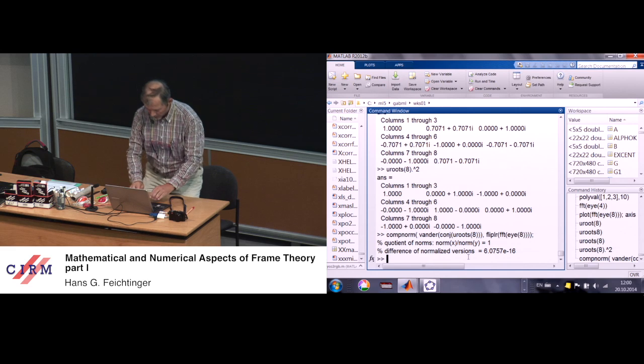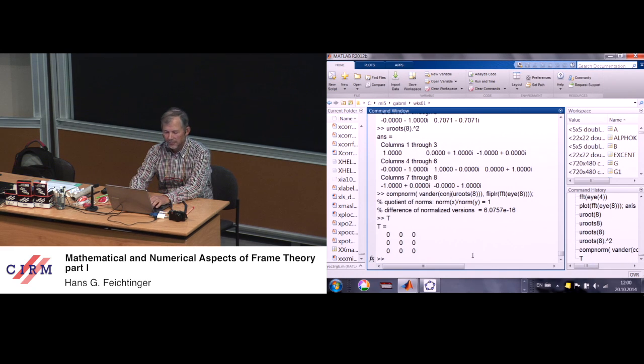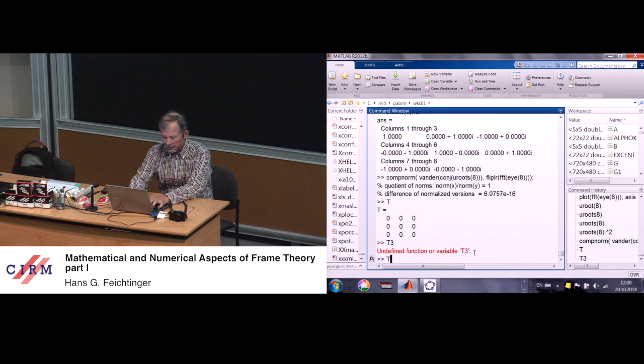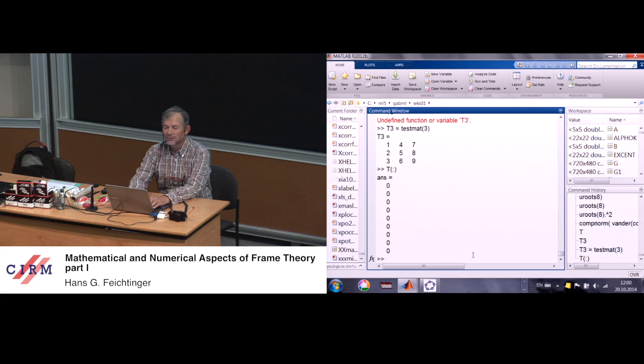But again, if I take my T3, I put my test matrix here, but maybe I've not baptized it. How can I get the corresponding vector? T3 of course. I take T3 into this format.